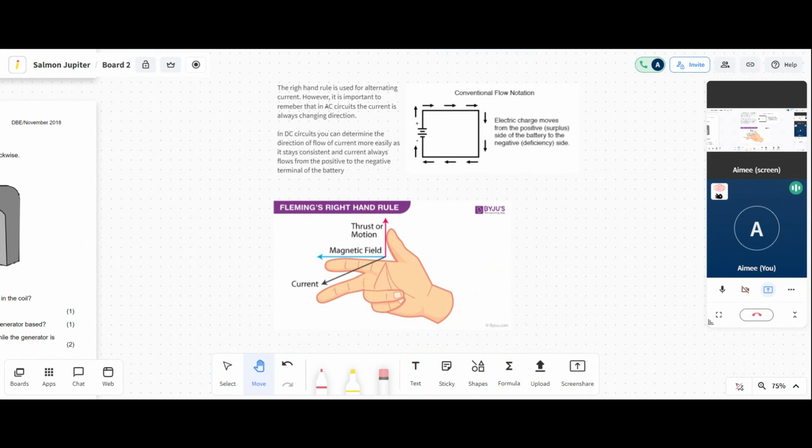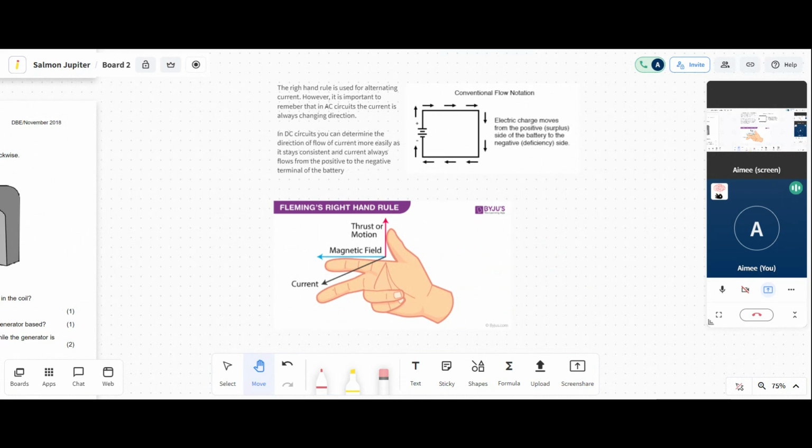But you need to understand that this right-hand rule can only help you get an instantaneous direction of current flow, because in alternating current, the current is constantly changing direction. That's why it's called alternating current. First it's going one way, then the other way, then back again. It's constantly changing.